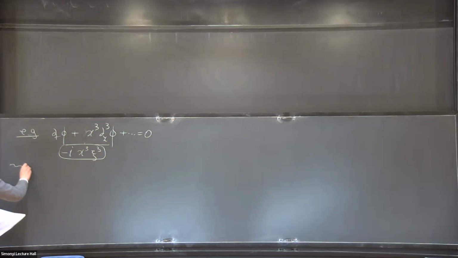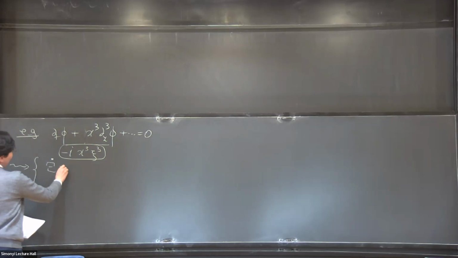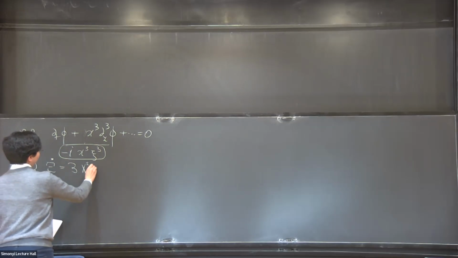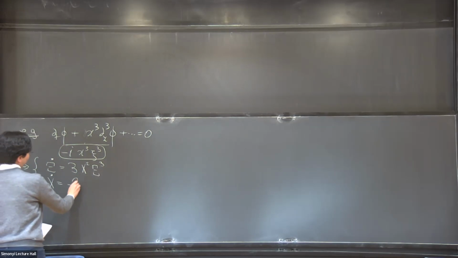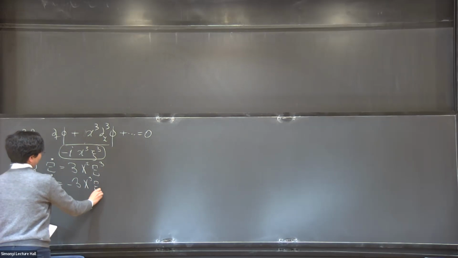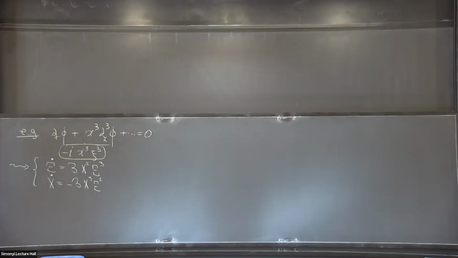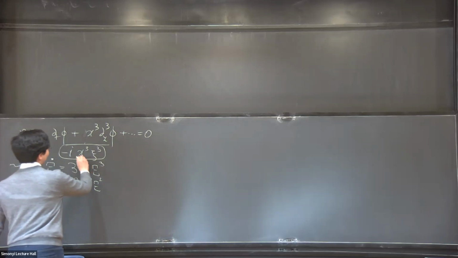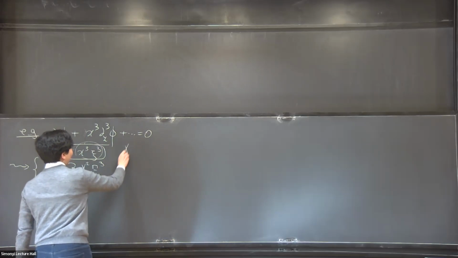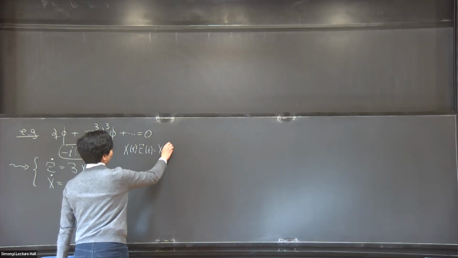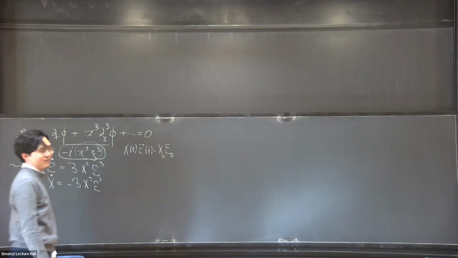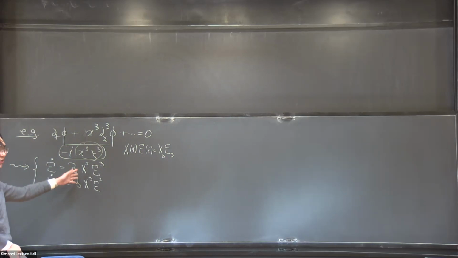So the corresponding bicharacteristic ODE is simply that ξ dot is 3 x squared ξ cubed, and x dot is minus 3 x cubed ξ squared. Sorry, x cubed ξ squared. And this is preserved. So x_t ξ_t equals x_0 ξ_0 to the fourth power. So this is very easy to solve.